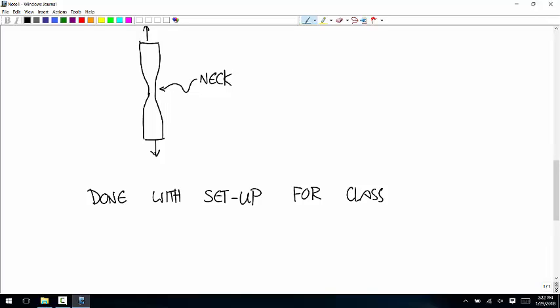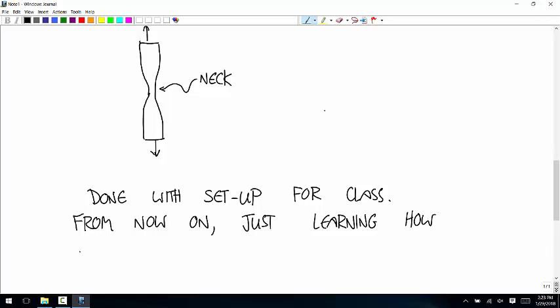In every case from now on, we're also going to calculate the strains using the techniques we've talked about, and calculate the maximum normal stresses, maximum shear stresses and so on. But essentially from now on, we'll just be learning how loading configurations relate to stresses.